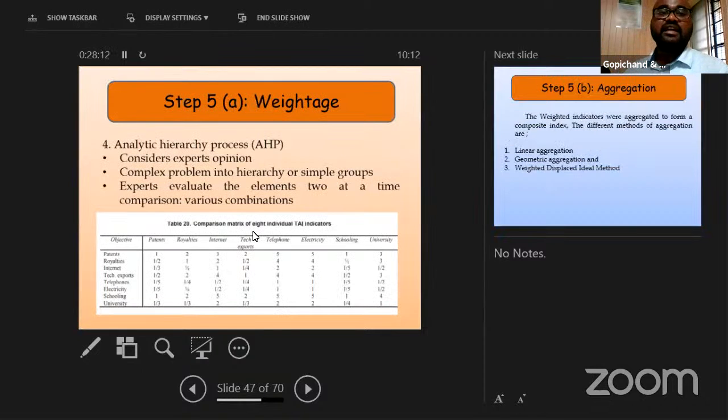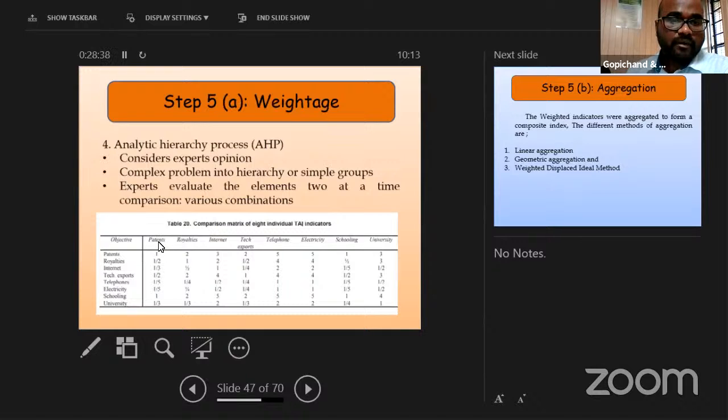Weightage by the analytical hierarchical process. No software will do this process, we have to do it manually. This considers expert opinion. See the example, a comparison matrix of 8 individual technology assessment indicators.